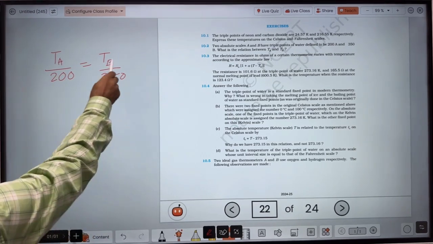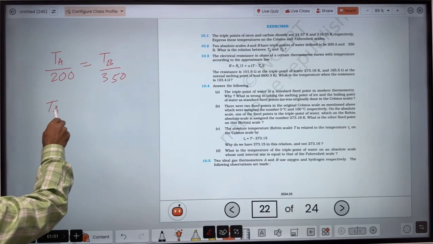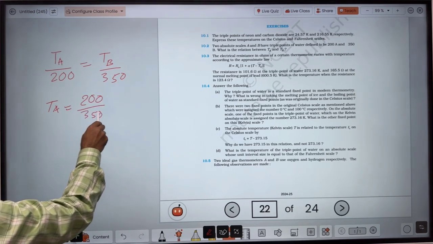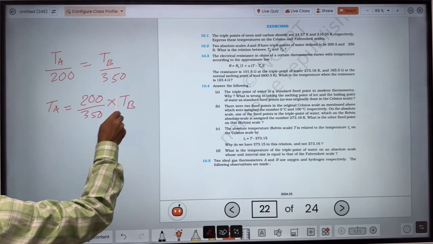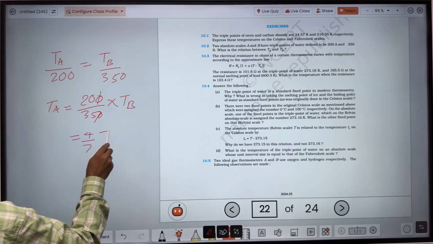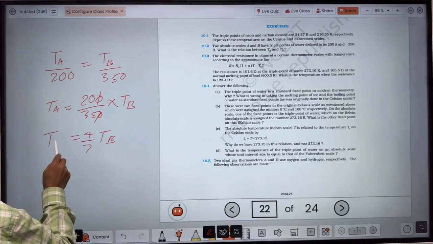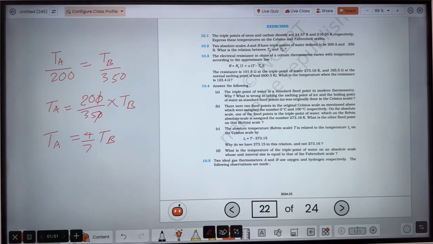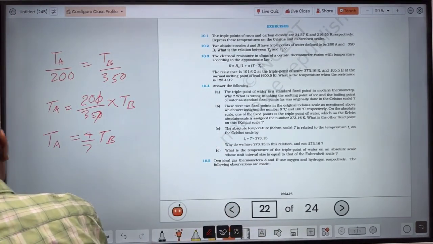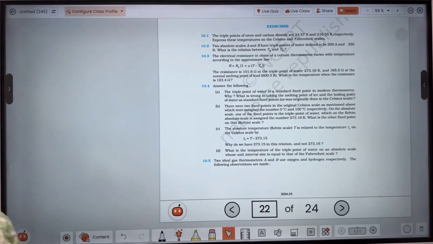And you have to relate these. So TA is equal to 200 divided by 350 times TB. 0 cancels out. So 4 upon 7 times TB. This is TA. Right? So the question is done.